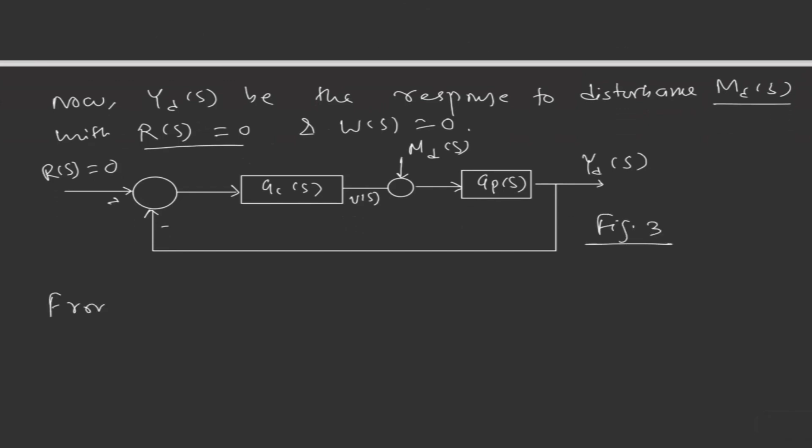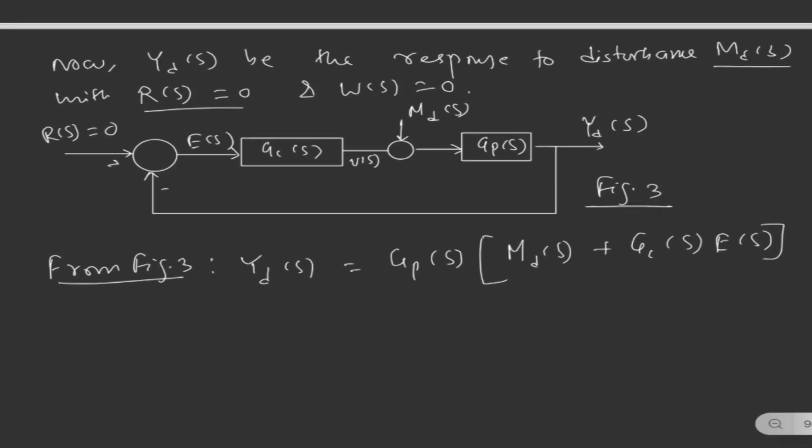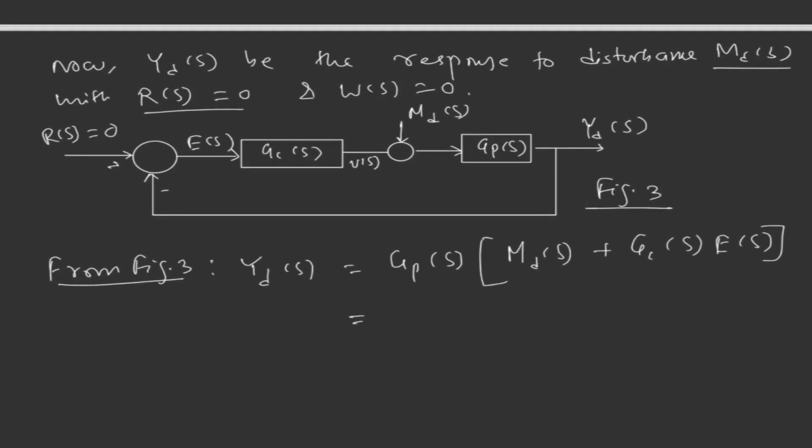From figure 3, we can write Y_D(s) equal to G_P(s) into M_D(s) plus G_C(s) E(s). So again, you can write E(s) here. If you multiply the factors, G_P(s) M_D(s) plus G_P(s) G_C(s) E(s).